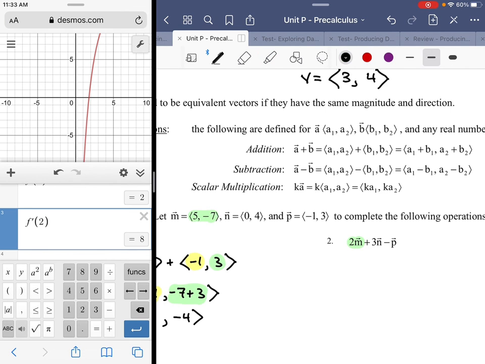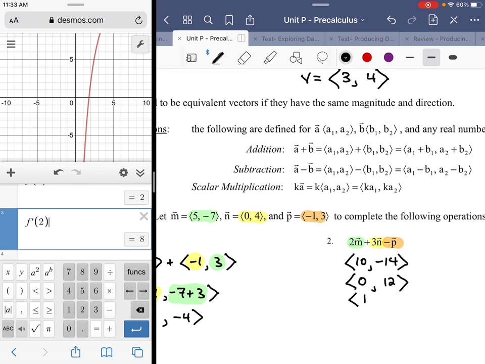So then for number 2, you can use a little bit more of an intuitive approach. That's the idea. So I'm going to double my m, which will give me 10, negative 14. I'm going to triple my n, which is going to give me 0, 12.